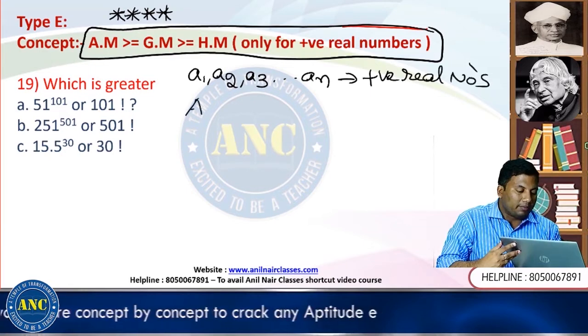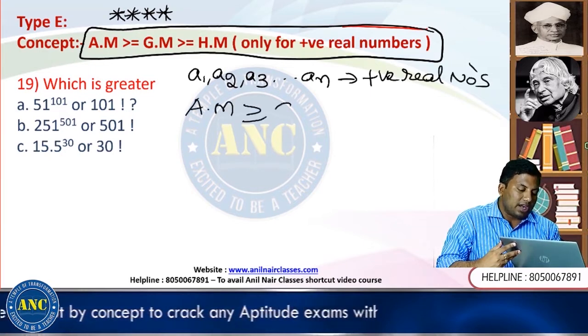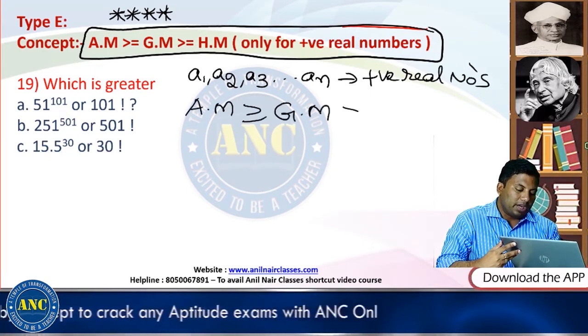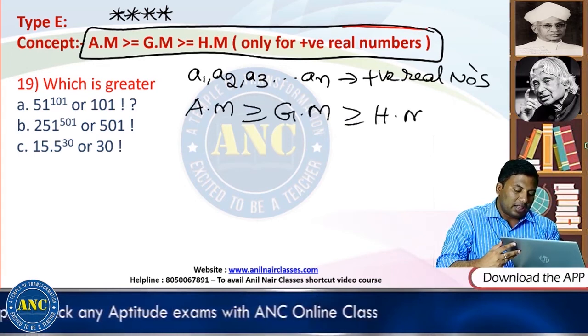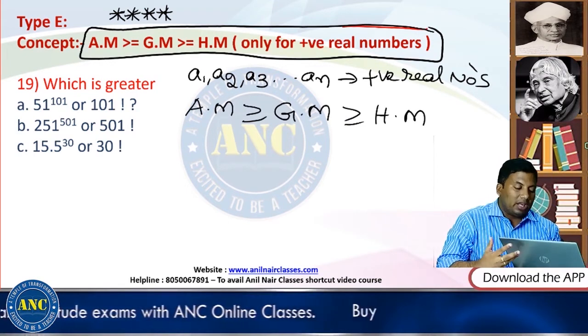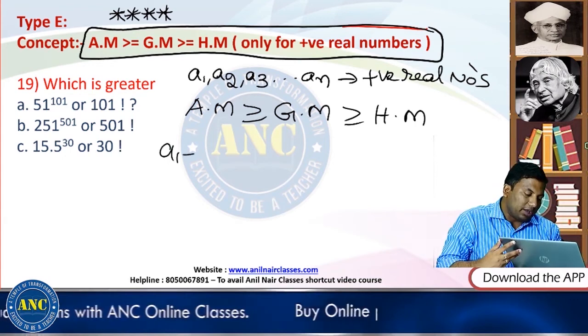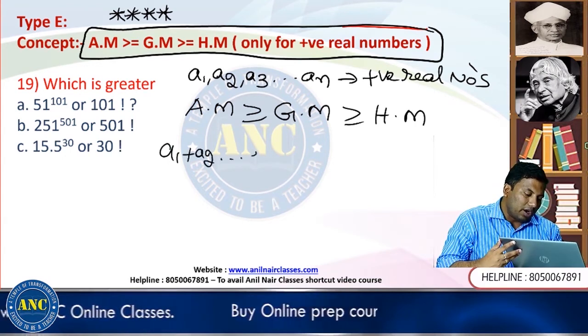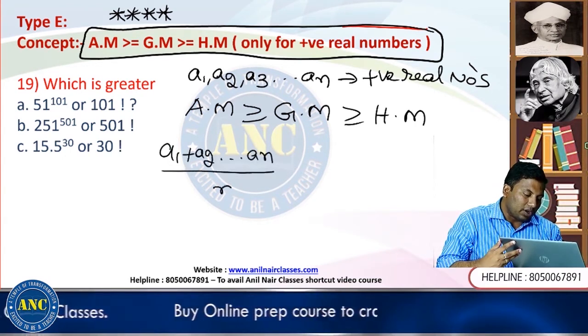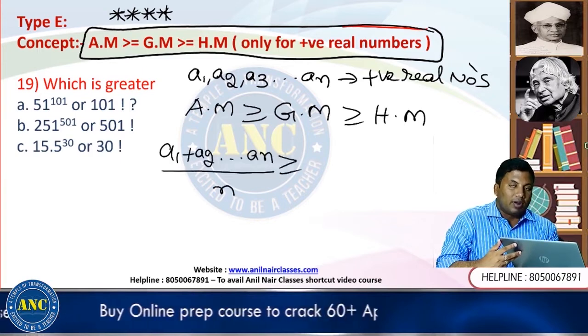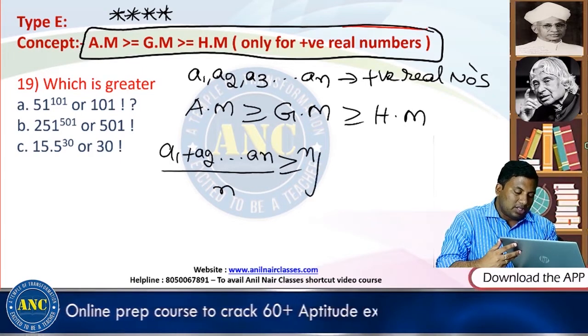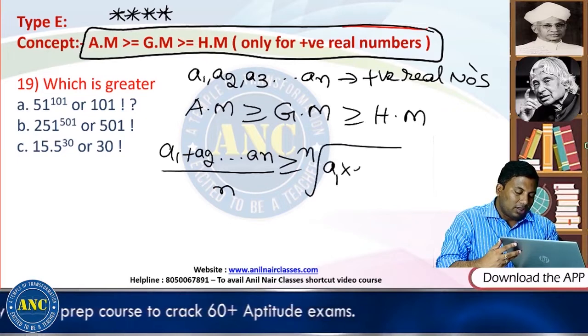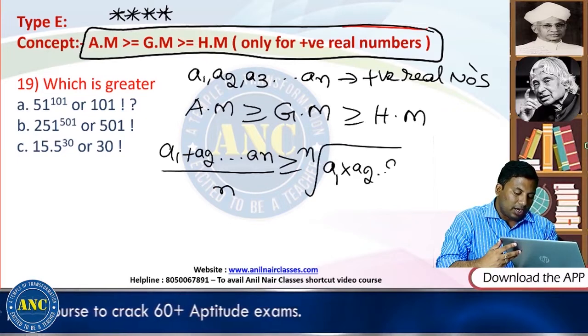Arithmetic mean is always greater than or equivalent to geometric mean, which is always greater than or equivalent to harmonic mean. What is arithmetic mean? Arithmetic mean is the sum of the quantities by the number of the quantities. Geometric mean is the nth root of the product of all the positive real numbers.